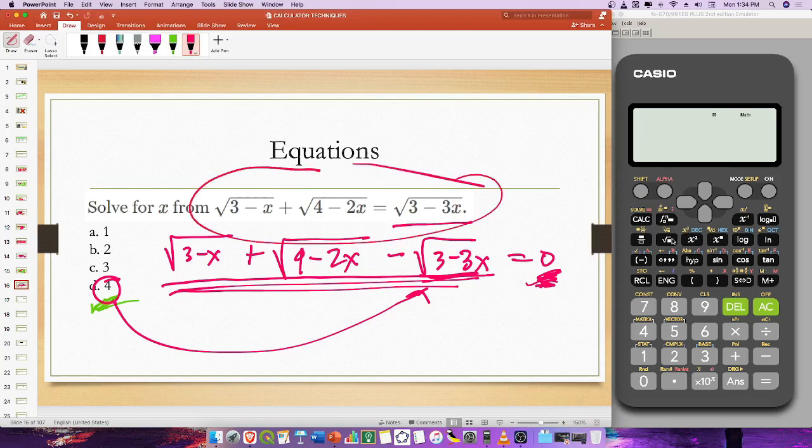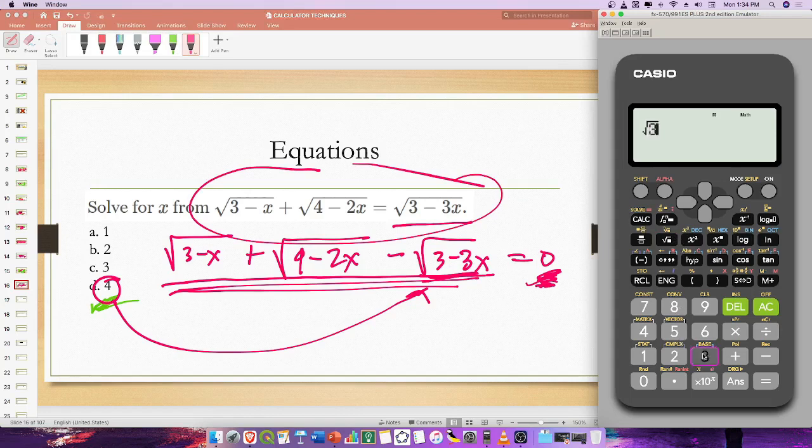Input the equation: 3 minus half x, plus 4 square root of 4 minus 2x, equal to square root of 3 minus 3x. Let's time the value of this. Solve for x using shift solve.